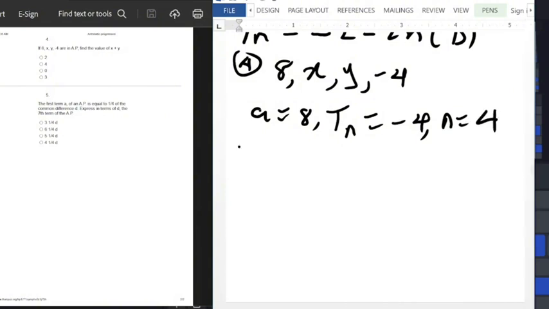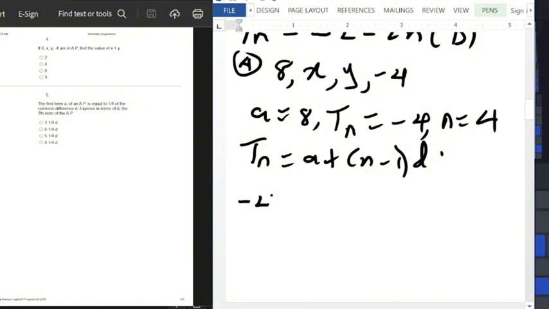So n is 4. We now have Tn equals a plus n minus 1 times d. Tn is given as minus 4. So minus 4 equals first term 8 plus number of terms 4 minus 1 multiplied by d.